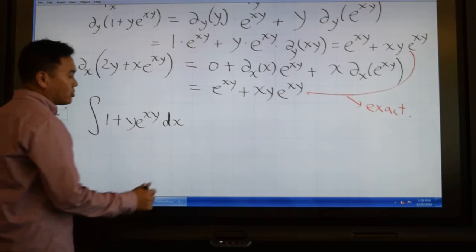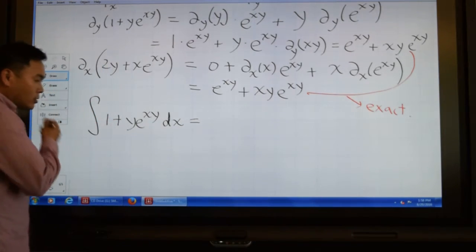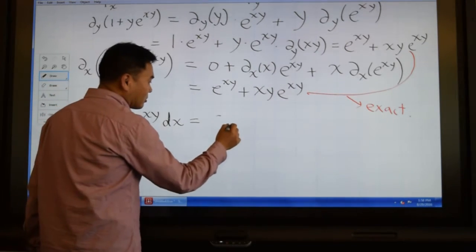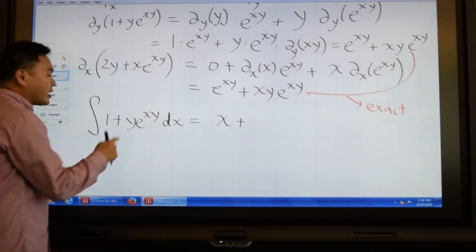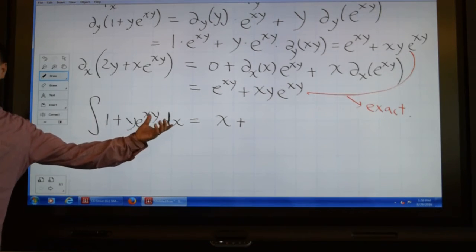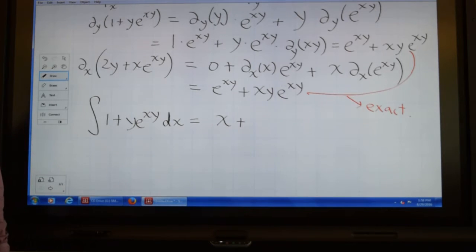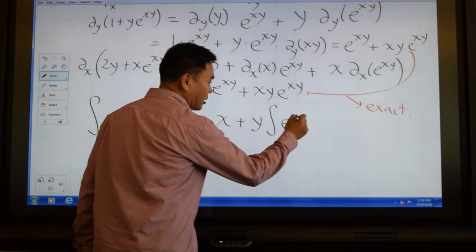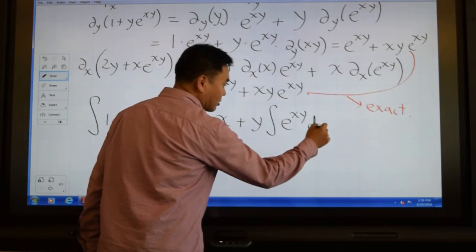The partial integration of this is, well, first 1 integrates to x, and y is just a constant because you're doing partial integration. You're treating y as a constant. So you should really think of this as integration of e to the xy by x.